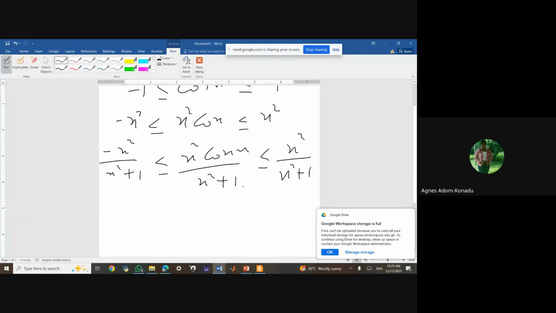So let's find the limits as s approaches 0 of the left one, which is minus s squared over s squared plus 1. How do we go about this? This is a rational function, right?